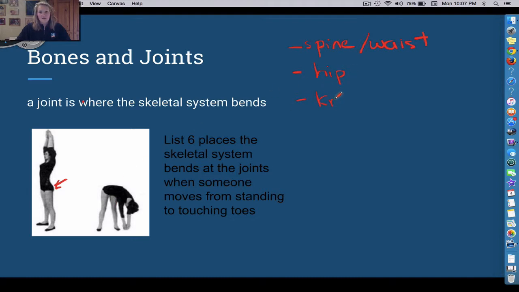If you're like me, your knees are going to bend because I can't touch my toes without bending my knees. Shoulders have moved, I'm spelling that wrong. The neck has moved. The arms have moved. Maybe as you're coming down, your elbows could move. Your wrists, your hands, your wrists, I would say. Your fingers probably have bent too.